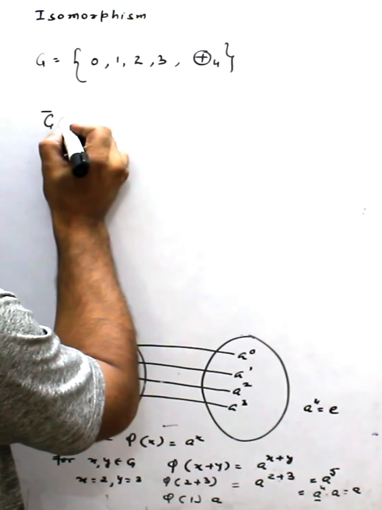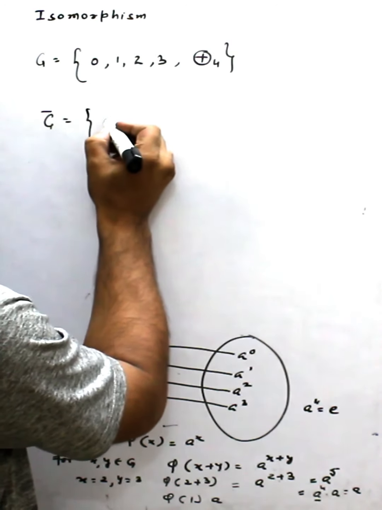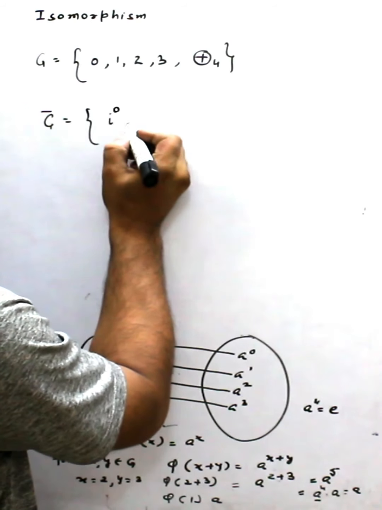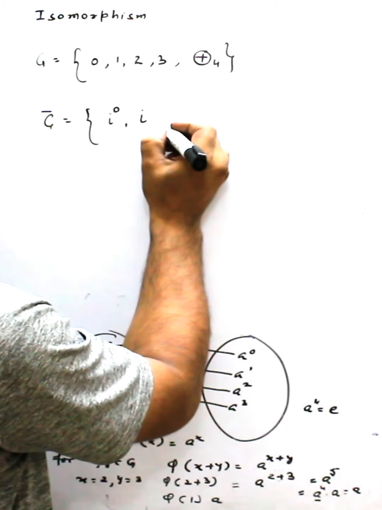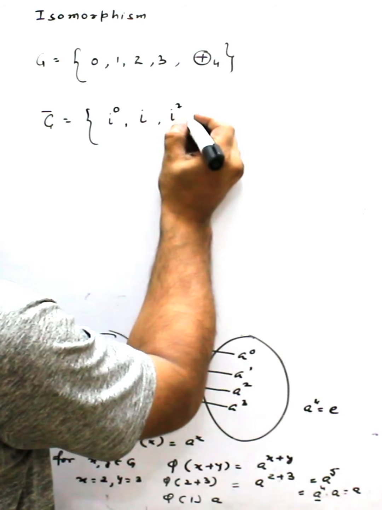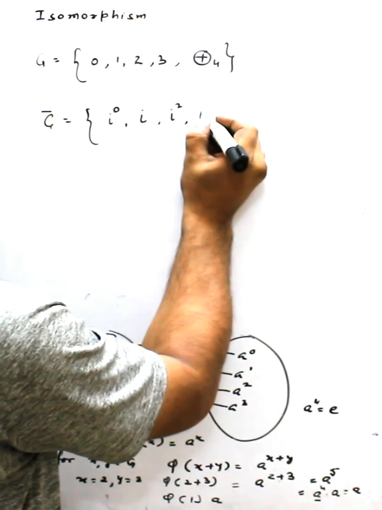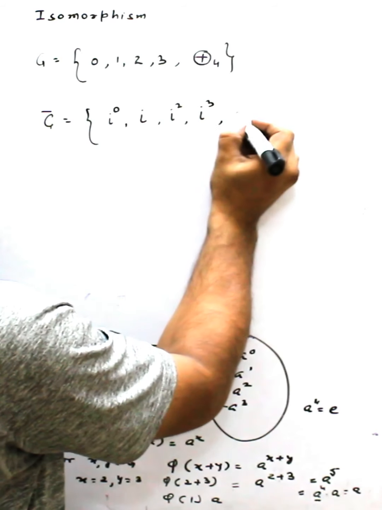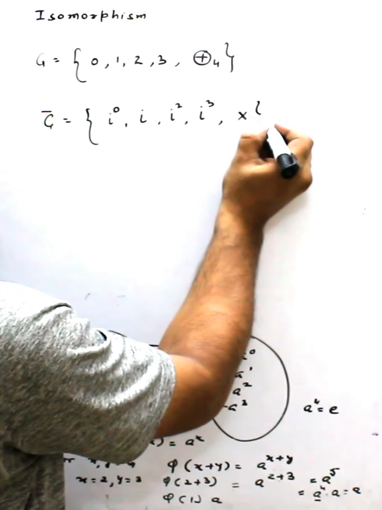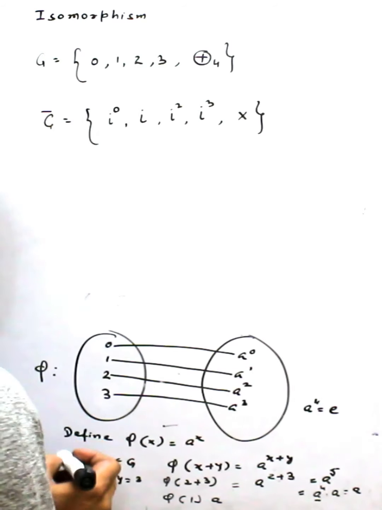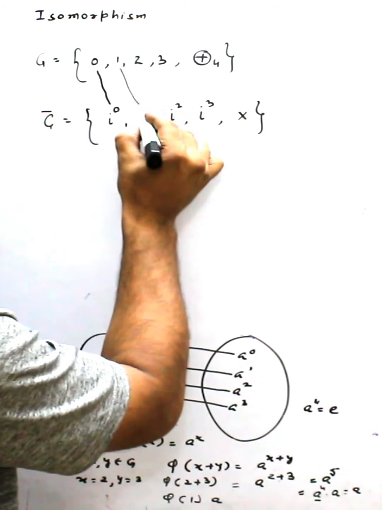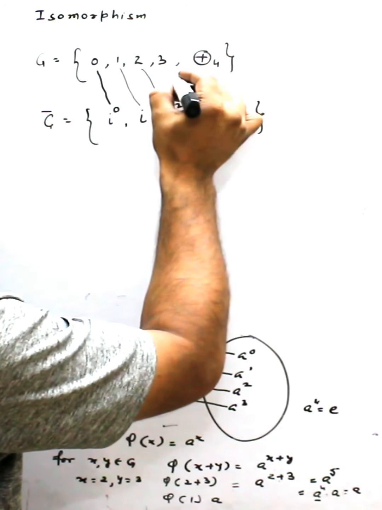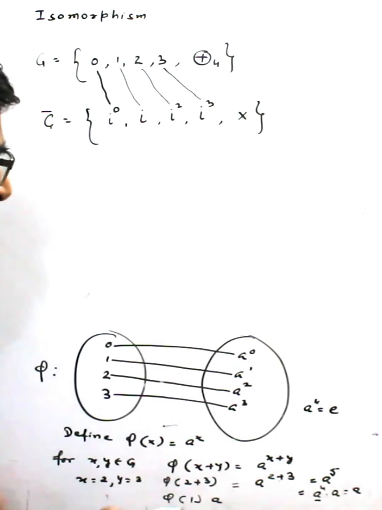G bar is i^0, i^1, i^2, i^3, and the operation is multiplication. Now I define phi, this to this, this to this, this to this, this to this.